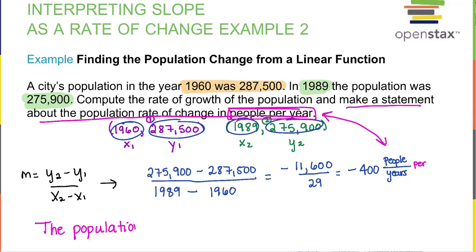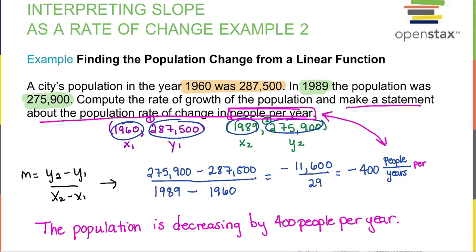The population is decreasing by 400 people per year. So the population is going down, and this is a decreasing function, and we know that because the slope was negative. So not only did we find slope, we also interpreted it.